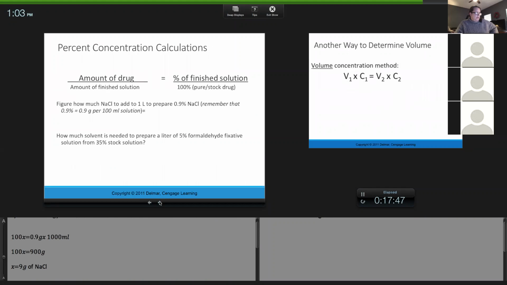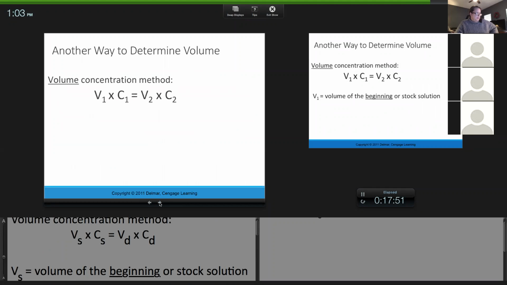But let me skip forward, because I mentioned this on the study guide. Most of the time we're working with V1C1, which is you have a volume and a concentration, and what is the desired volume and concentration of this.